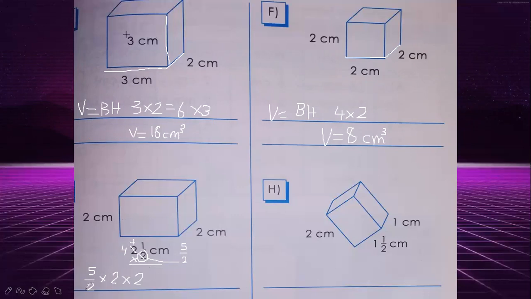Okay, cross out 2, and both of them become 1. So the only numbers left are 5 and 2. Now, if we multiply that together, 5 times 2 is equal to 10 centimeter cube. All right, there you go. Very easy, as long as you remember how to simplify the fraction.